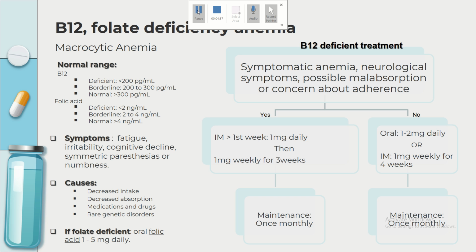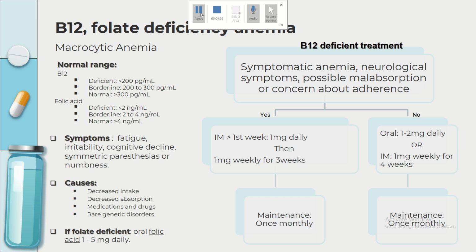The deficiency symptoms are fatigue, irritability, cognitive decline, and numbness. The causes of these deficiencies may be related to decreased intake of vitamin. And please know if the patient is vegetarian, which type of anemia will occur for him.